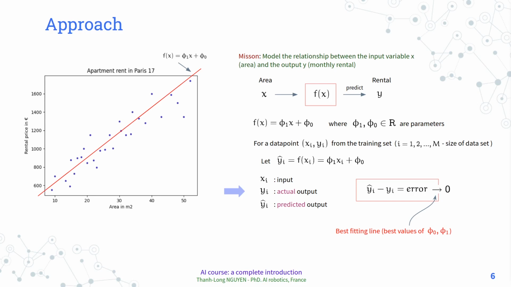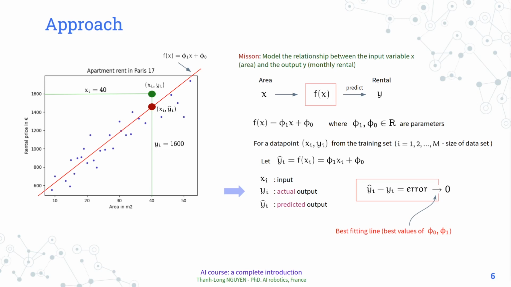To give you more intuition about this, let's look at the scatter plot. I will take a data point xi, yi, for example this one. In this example, xi equals 40 square meters and yi equals 1600 euros, okay? Now, look at this red point. It is the predicted point of xi, yi given the solution f of x equals phi1x plus phi0.